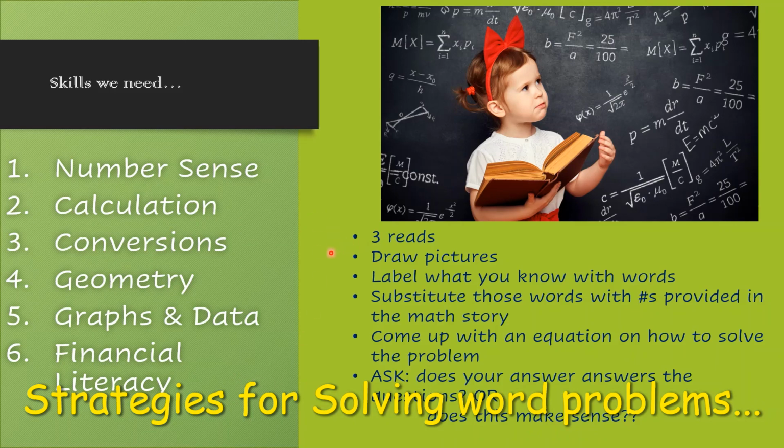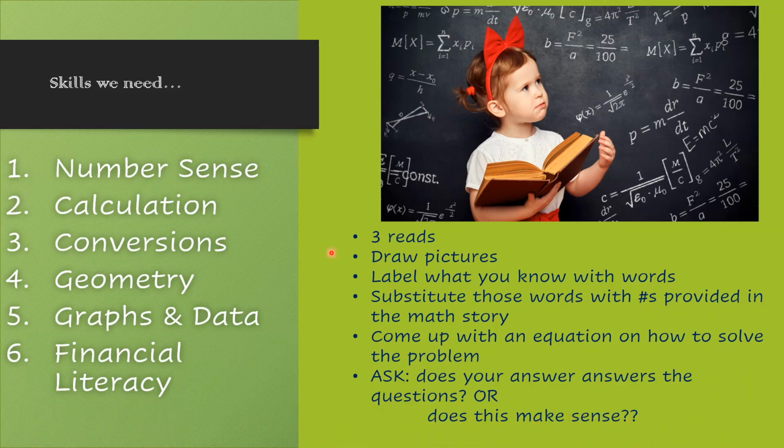But my strategy is always to read a question the first time through, so you understand what the problem is talking about. And then the second time when you read it, you're going to read it sentence by sentence, and you start drawing pictures. You start labeling what you know with words. And then you're going to start substituting those words with the numbers provided in the math story, one sentence at a time.